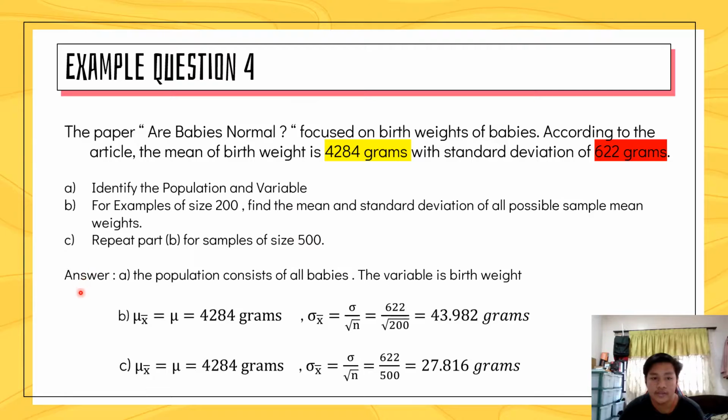So this is the answer for this question. A: the population consists of all babies and the variable is birth weight. For B, we implement the data in the formula.